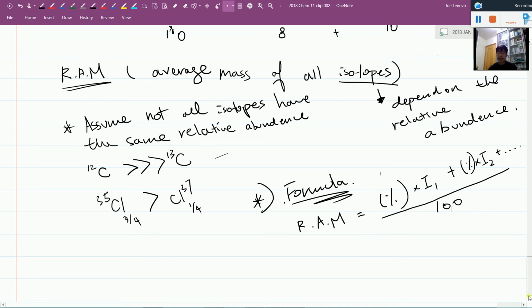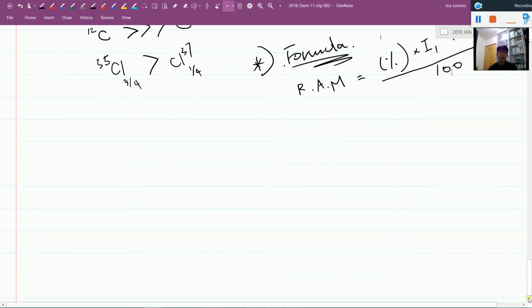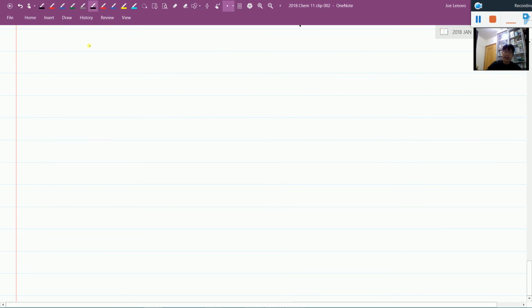Let's give you one example before we finish the class: chlorine-35 and chlorine-37. As I mentioned before, 35 is about 75% and 37 is about 25%. So quickly, what would be the formula?